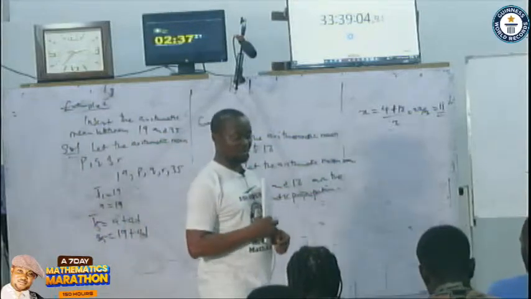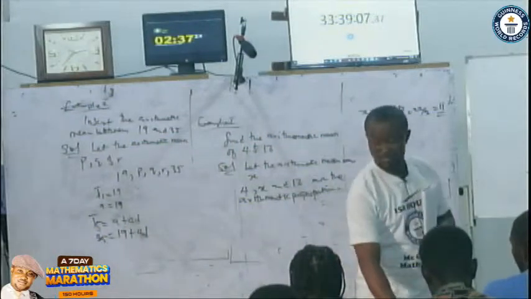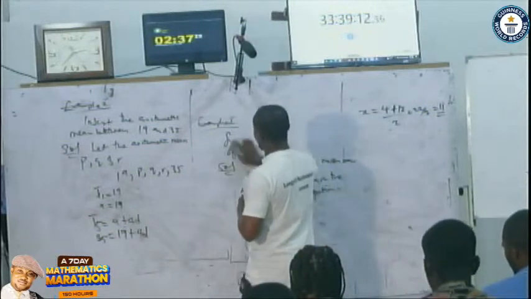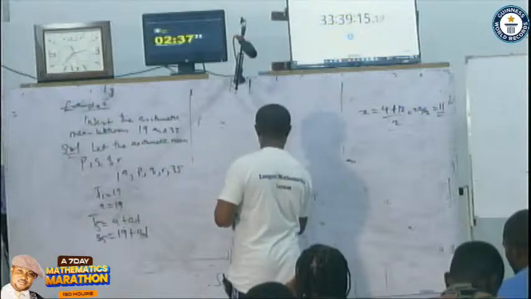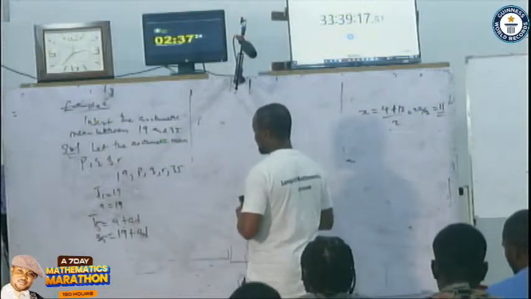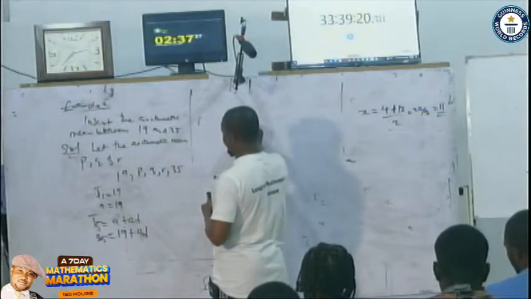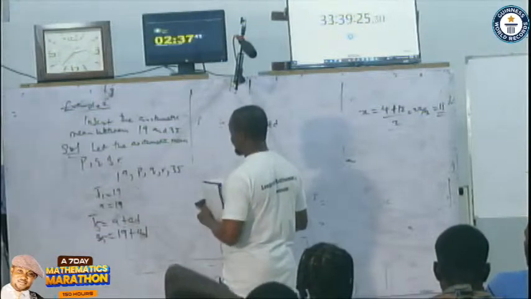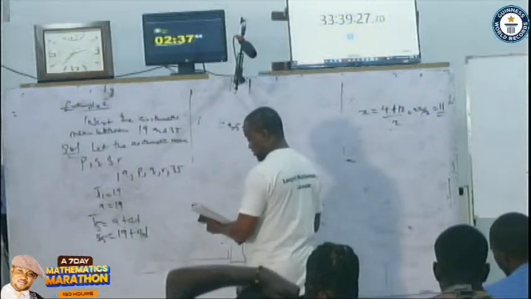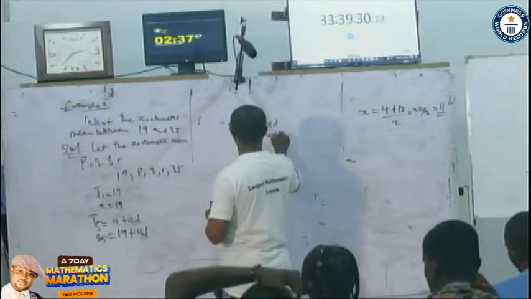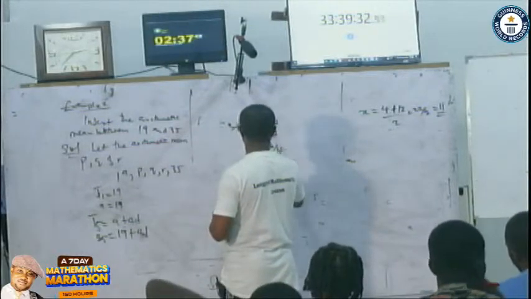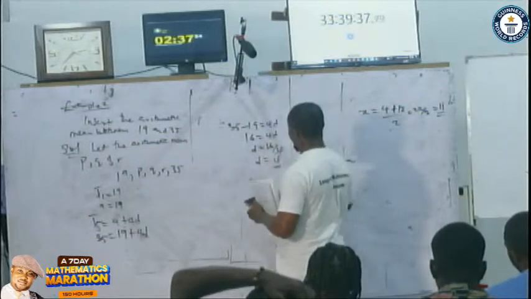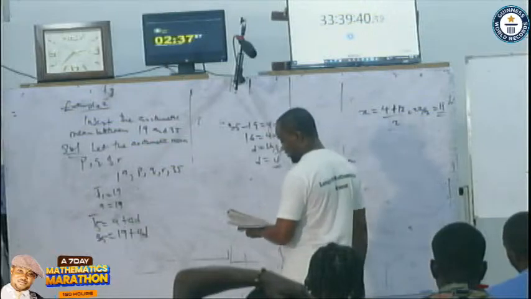You can make D the subject of the formula. So 35 minus 19 equals 4D. 35 minus 19 is 16, so 16 equals 4D, and D will be 16 over 4, which equals 4.